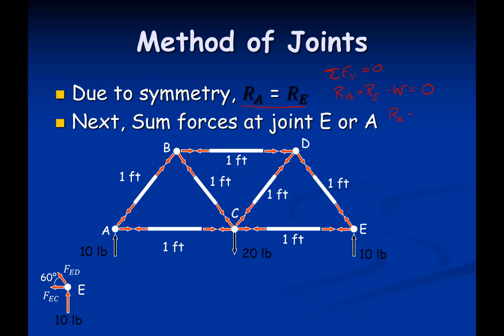So reaction of A is equal to W minus reaction of E, or 20 pounds minus 10 pounds. Reaction of A also equals 10 pounds. So now we know both of these.